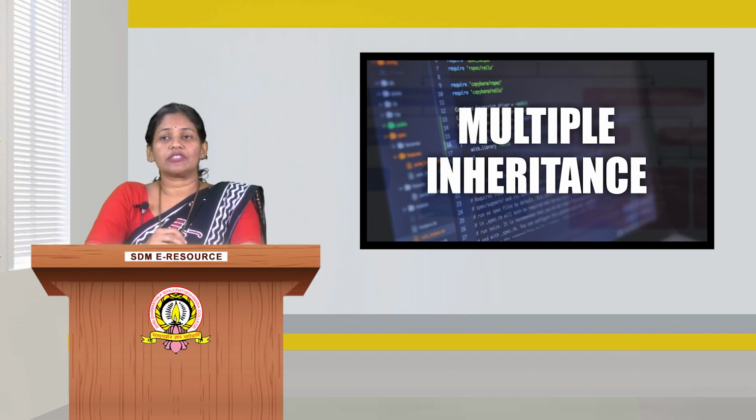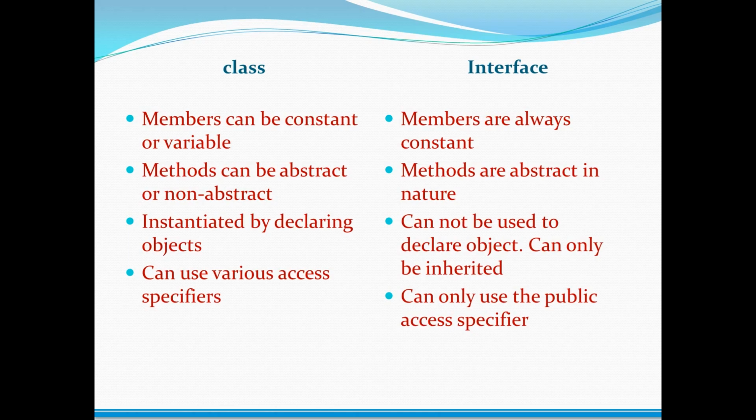Now let us see what are the differences between class and interfaces. One of the main differences: a class can use any members, constant or variable, whereas in an interface it must be a constant. Methods can be abstract or non-abstract in a class, whereas in an interface methods must be abstract.